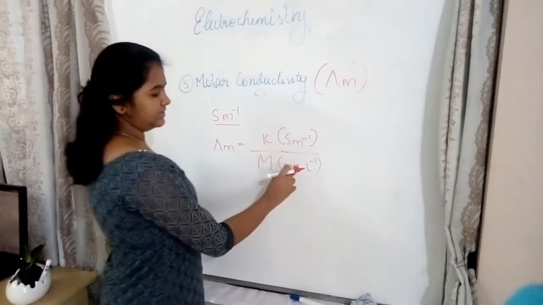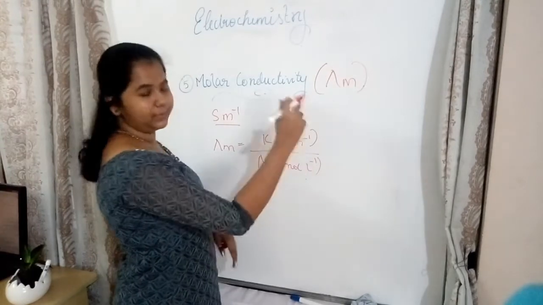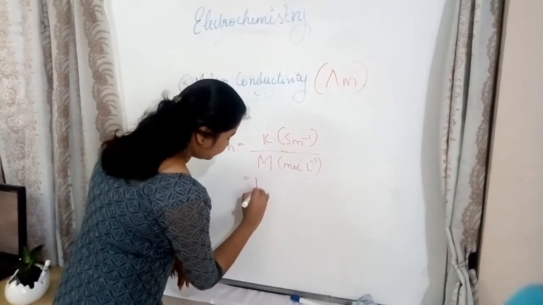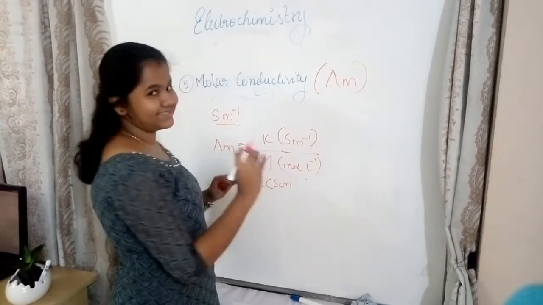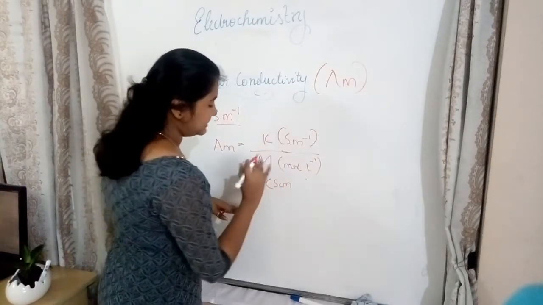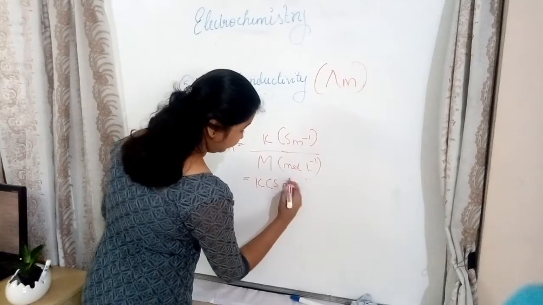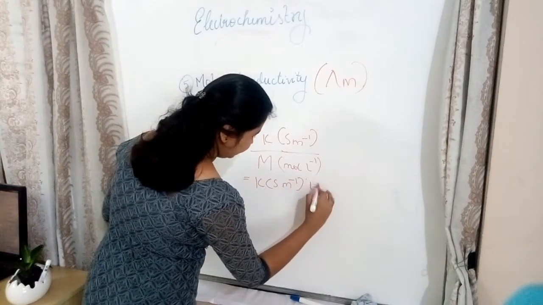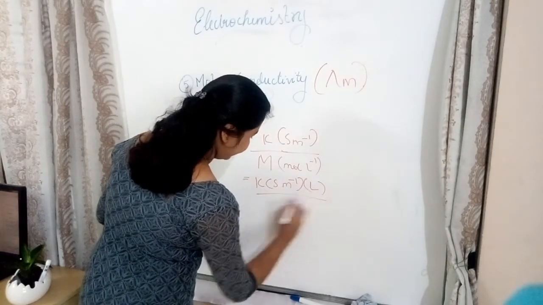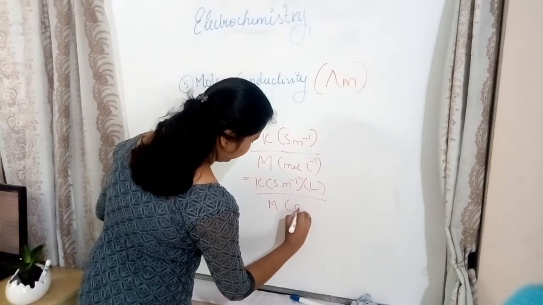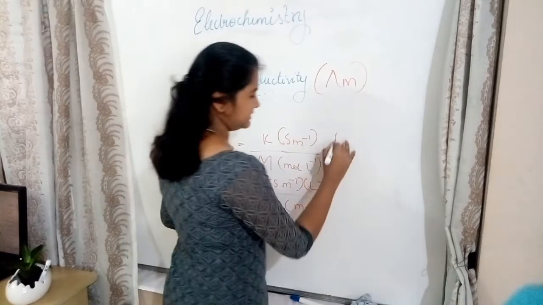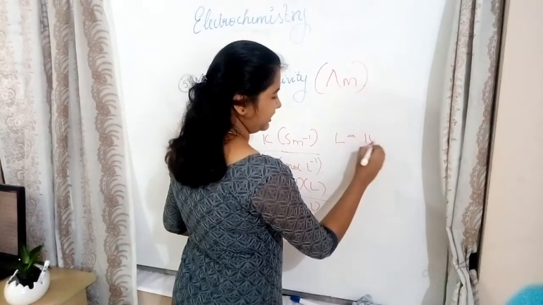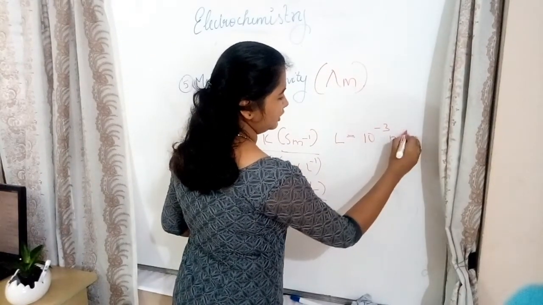The same step as before: we take this liter and put it up. So molar conductance is equal to kappa, Siemens meter inverse, into liter, divided by M, that is mole. One liter is equal to 10 raised to minus 3 meter cube.